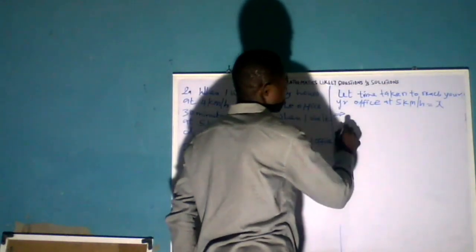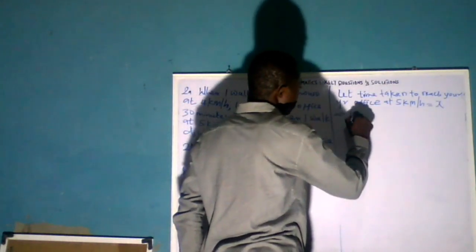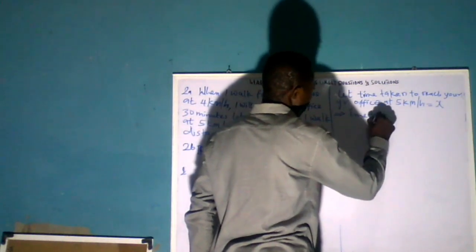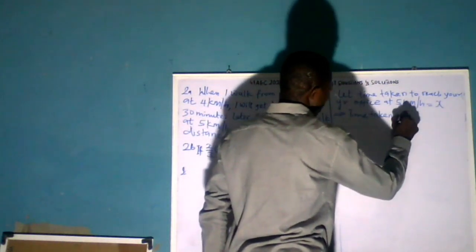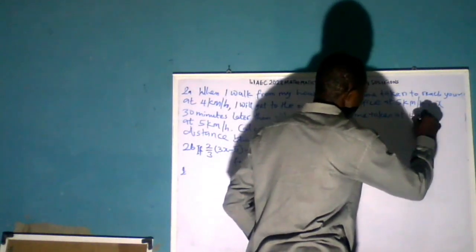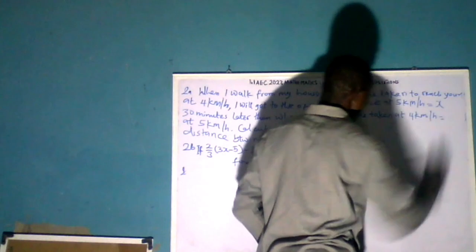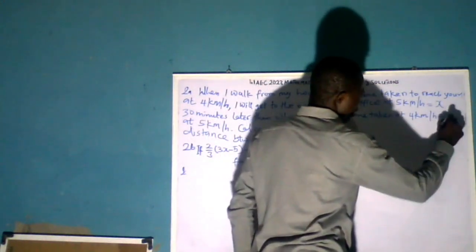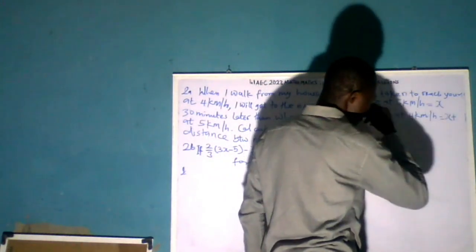This implies that the time taken at 4 km per hour will be equal to x plus 30 minutes.